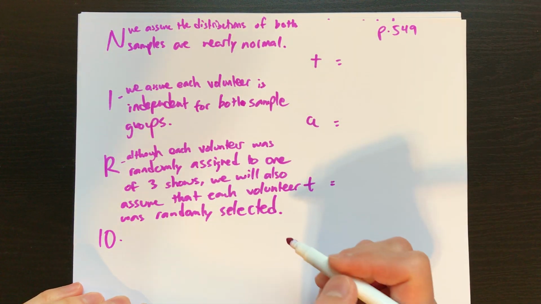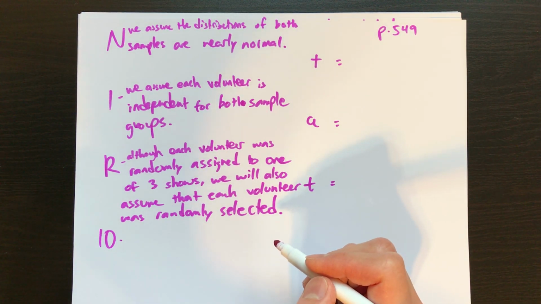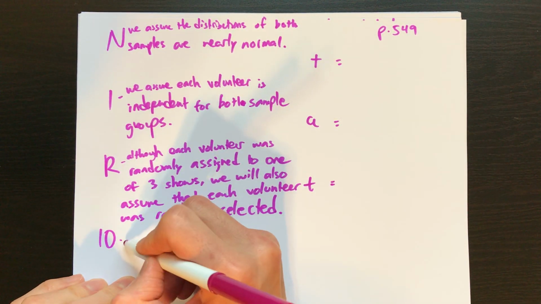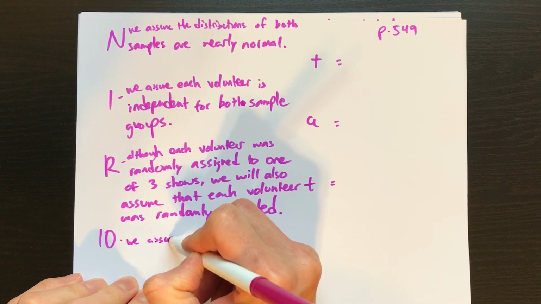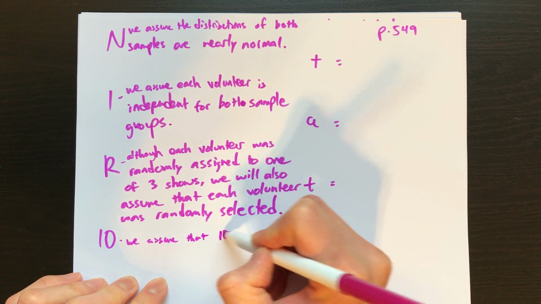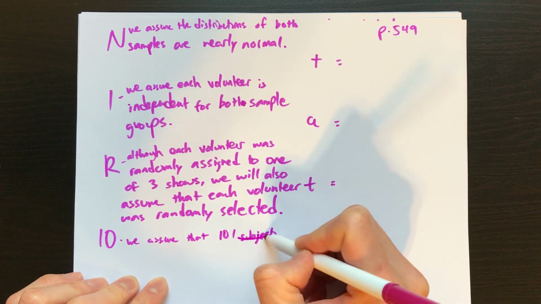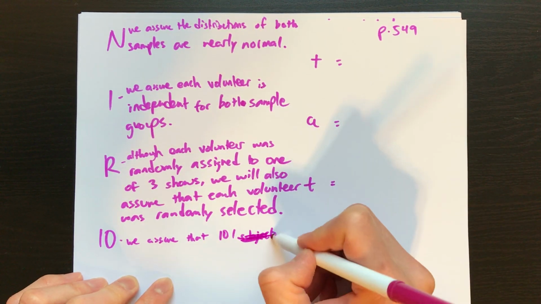Now 10%. Each group has to be independent of their respective populations. So we assume that 101 subjects or volunteers, since we use the word volunteer up here, we should use volunteer.